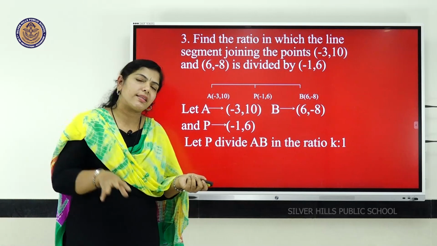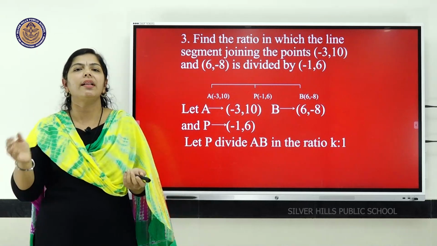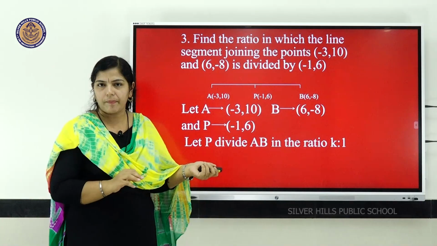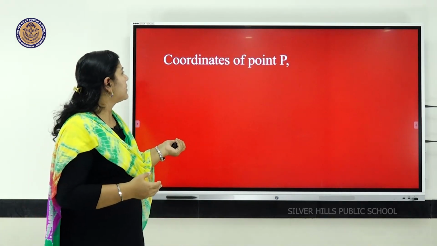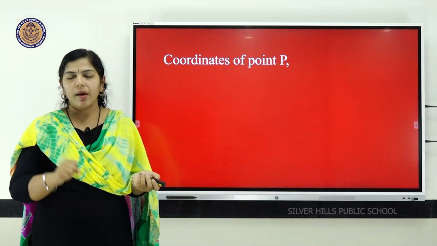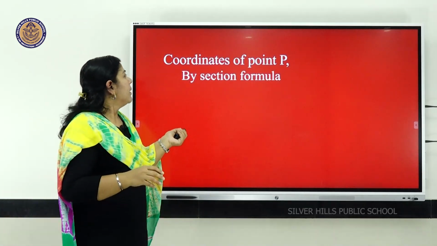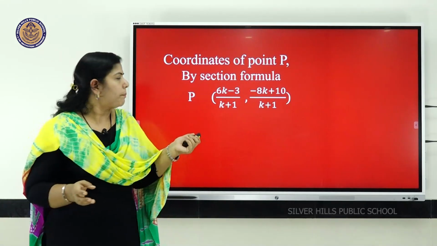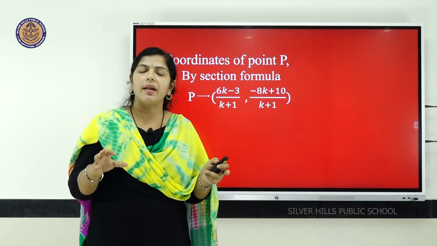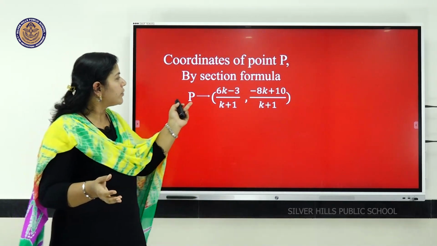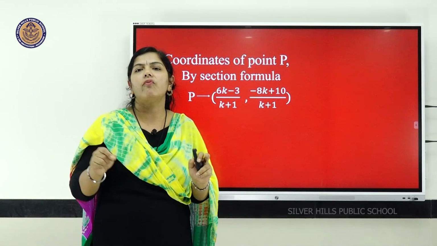Here also we will apply the section formula itself, but the point of division is given, and we have to find the ratio in which the line is divided. So, we will take m1 is to m2 equal to k is to 1. Let us see the coordinates of the point P. Okay. P is already given, but using the section formula, how it will be, we will see. By the section formula, if we substitute in the point P, the x coordinate is (m1 x2 plus m2 x1) whole divided by (m1 plus m2), and the y coordinate is (m1 y2 plus m2 y1) whole divided by (m1 plus m2).